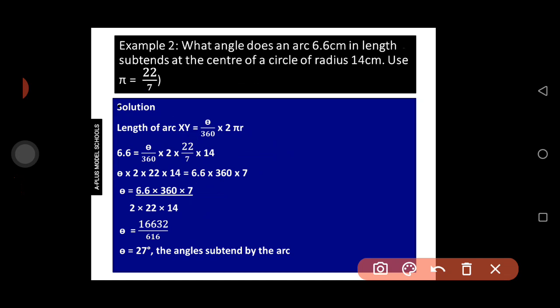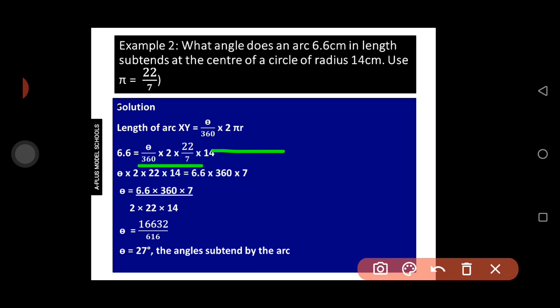So after that, clear the denominator. This is the same thing as cross multiplying. That will be theta multiplied by 2 multiplied by 22 multiplied by 14 is equal to 6.6 multiplied by 360 degrees multiplied by 7.